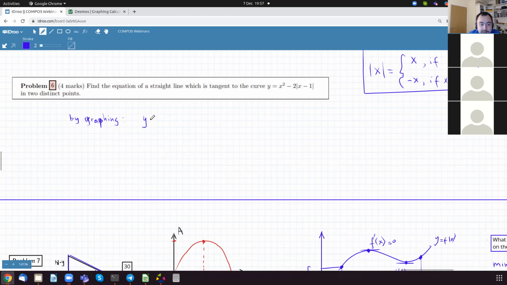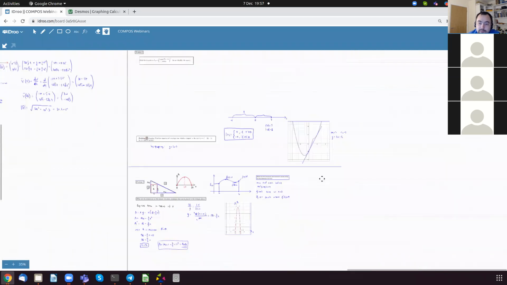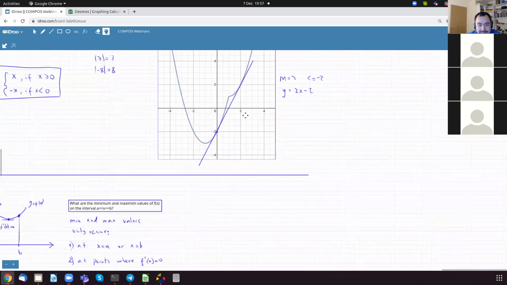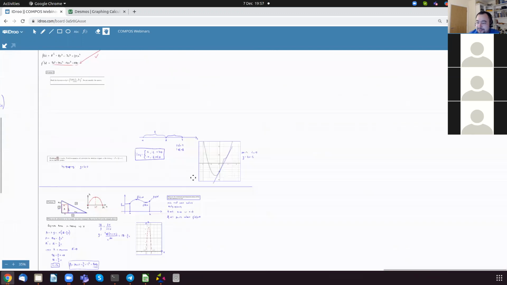So y is equal to 2x minus 2. But then you need to confirm that it is true. Well, yeah, one of them could be just plotting this. Okay, don't want to go too deep into that.